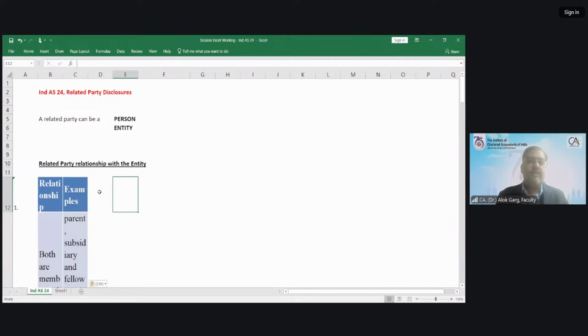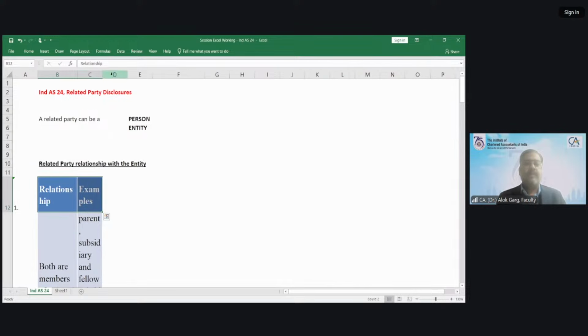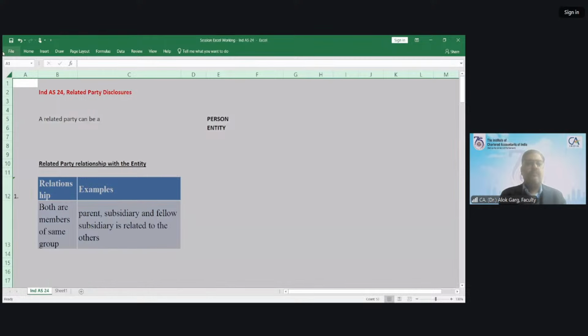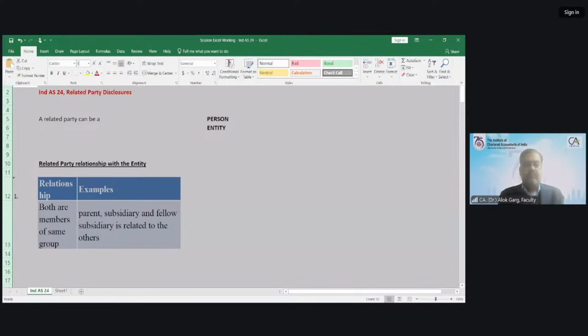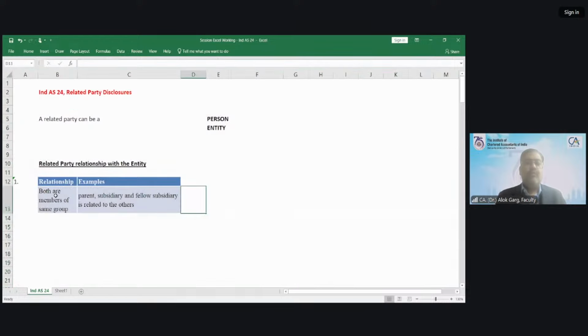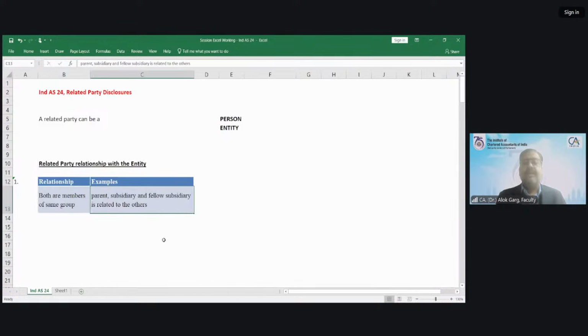Both are members of the same group means parent, subsidiary, and fellow subsidiary are related to the others.